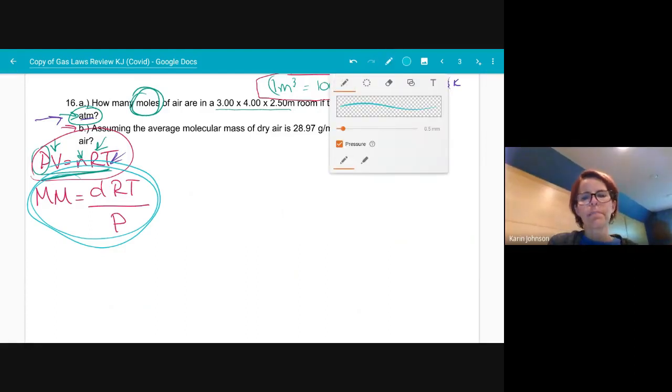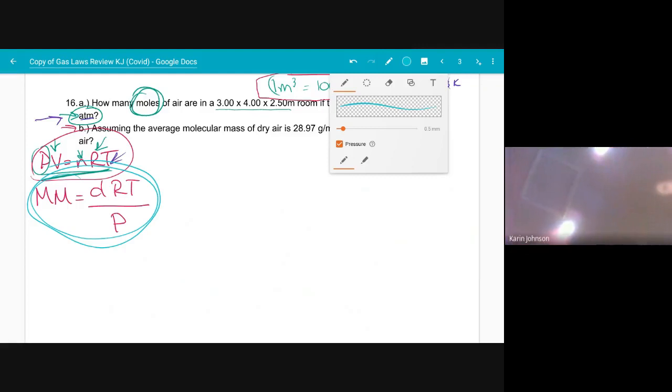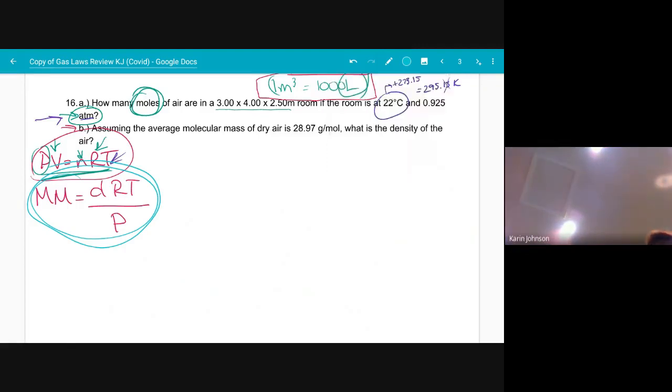Okay, so for part B, they gave us 28.97 grams per mole as the molecular mass. So that's MM in this equation here, equals D, which is what we don't know and what we're looking for.